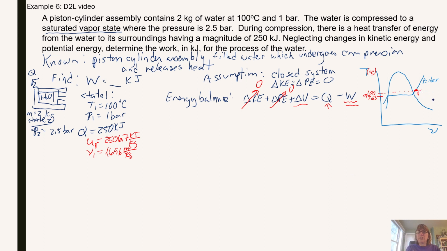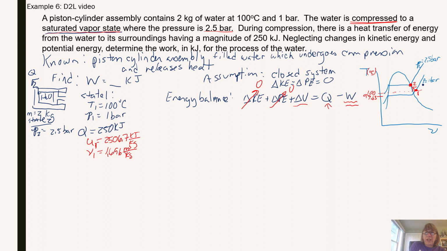So then let's see what happens. We're going to compress to a saturated vapor state at 2.5 bar. Say 2.5 bar is up here, right? So that's 2.5 bar, and notice we are at a saturated vapor right here. So that is state 2. So we're going from state 1 to state 2 in the compression direction, right? We're decreasing the volume.